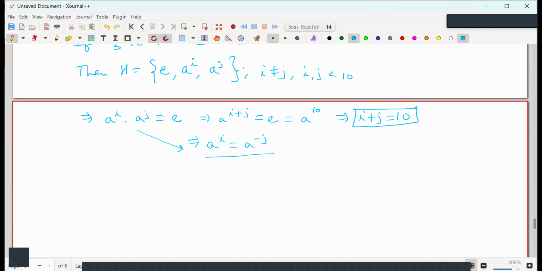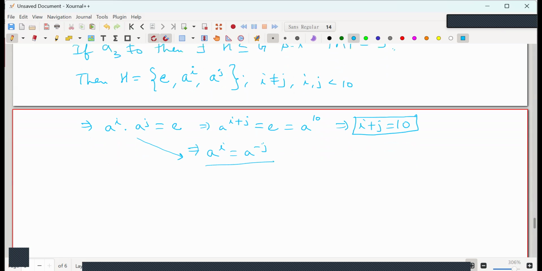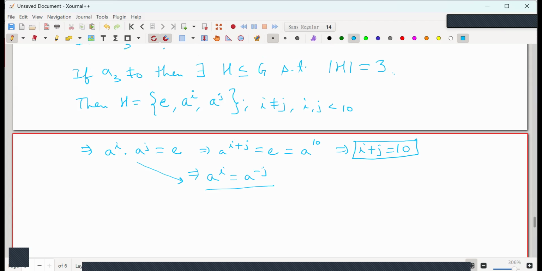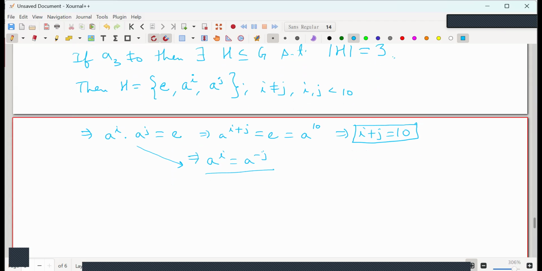Yes, sir. But before that, sir, I want to ask, closure we are already assuming, is it, sir? Like, let's say a^2i, we are assuming it's there. Closure, so it's a subgroup, so it will satisfy all properties. Okay, so we're just checking for inverse now.